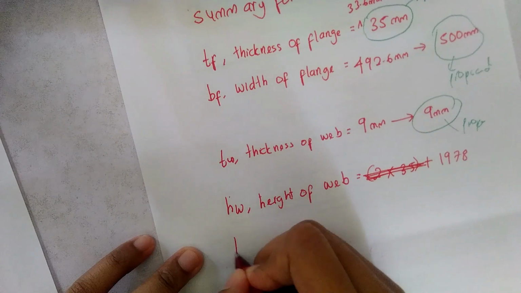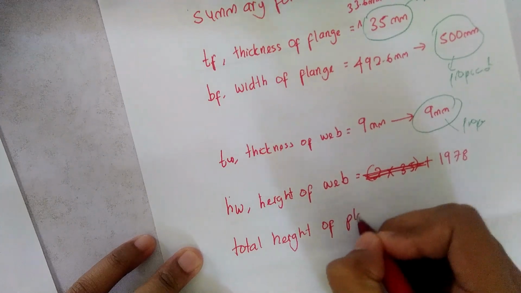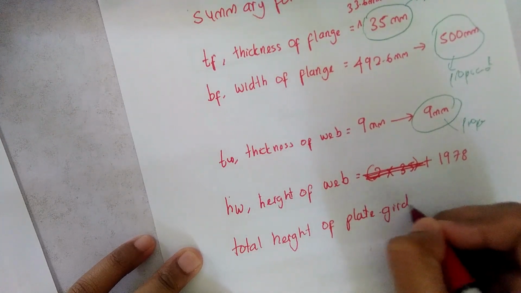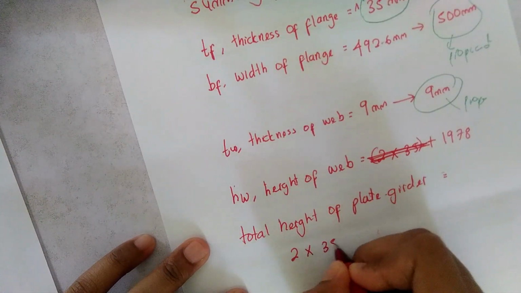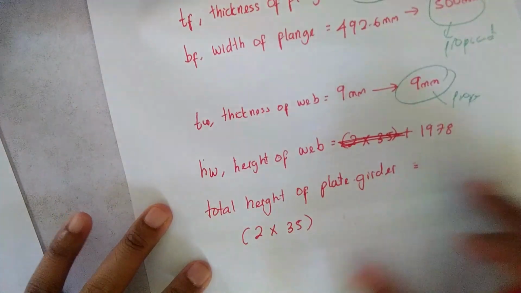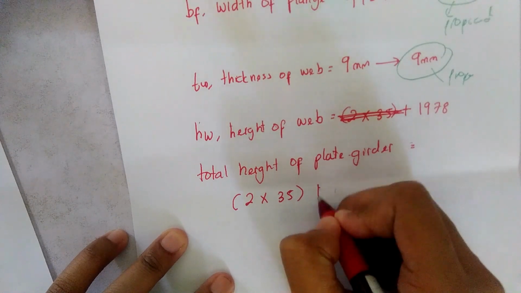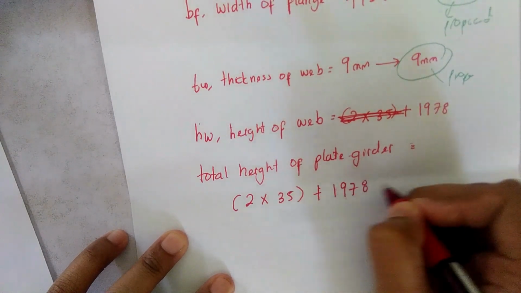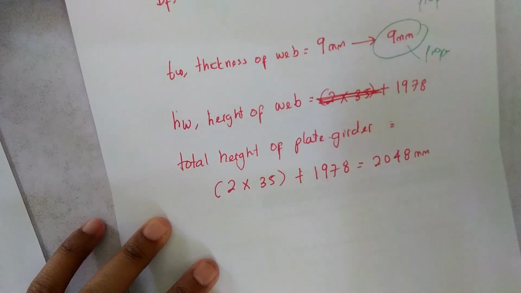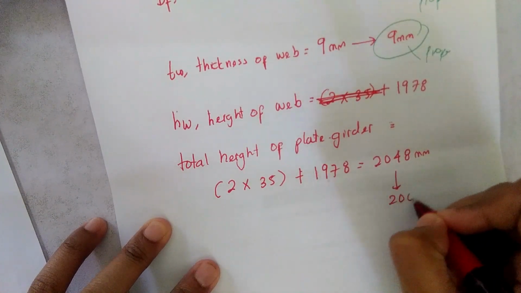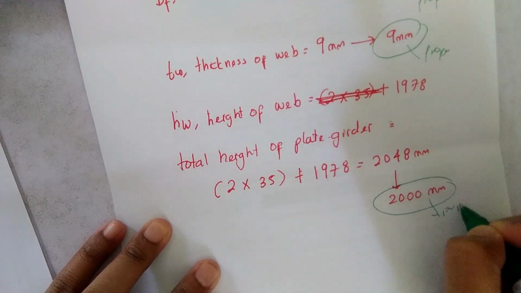And then the total height of the plate girder is equivalent to 2 times 35, because our flange is 35, plus 1978, which gives you 2048 mm as the overall height, but we propose it to be 2000 mm. This is the proposal.